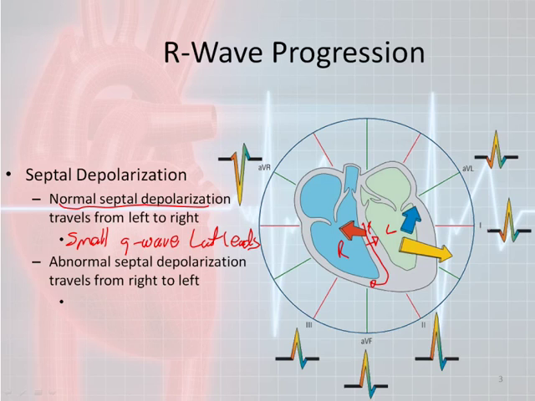Anytime you have this, you will end up with an absence of this cute petite little Q wave in the lateral leads because you're traveling towards the positive electrodes of the lateral leads. So abnormal septal depolarization travels from right to left. This will present with an absence of the Q wave in the lateral leads.